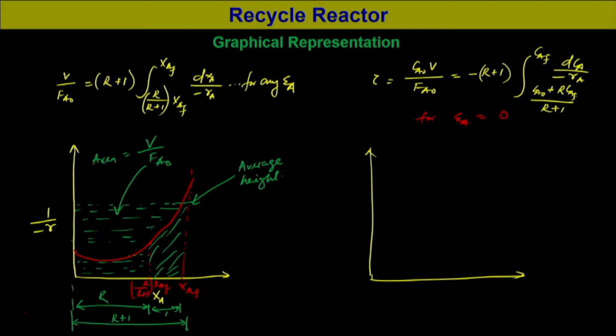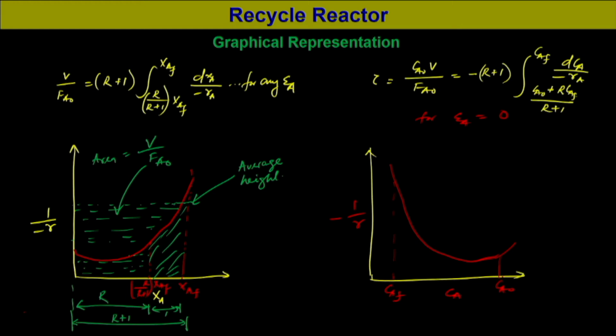Now, if we plot this, 1 by minus rA versus concentration, the plot would be like this. So, you start with a certain concentration, that is CA0, and the final concentration is, say, CAF.